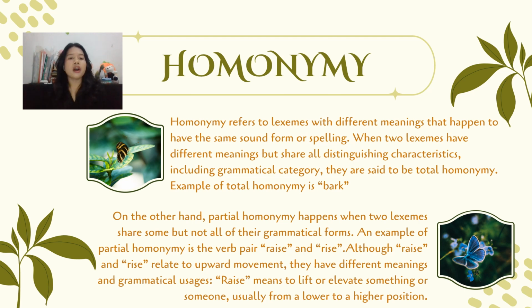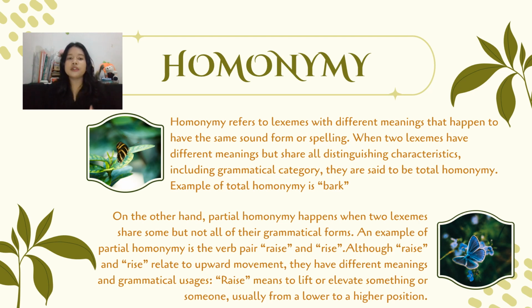As we know, there are two meanings of the term bark. The first bark refers to the outer covering of a tree trunk or the sound a dog makes, as in the dog's bark echoed through the forest. However, the second bark can be something else, like to shout or utter loudly, as in the coach continued to bark orders at the players.